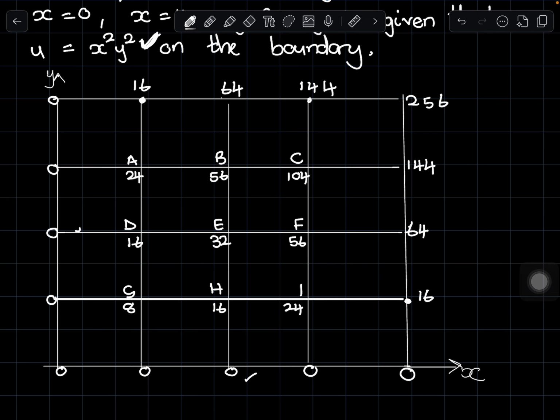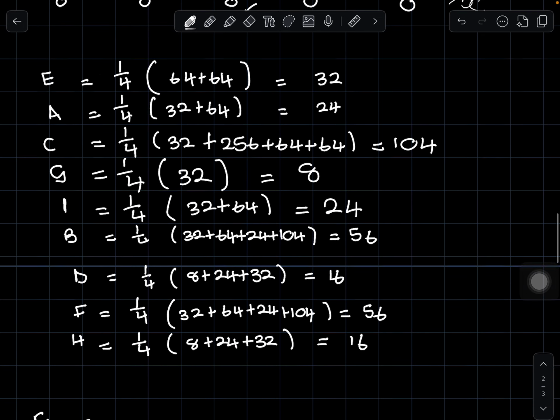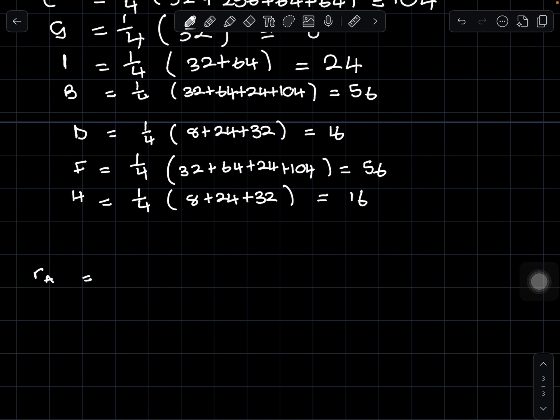So at A, we're using the standard formula again. So you say 0 plus 56 plus 16 plus 16 minus 4 times 24.